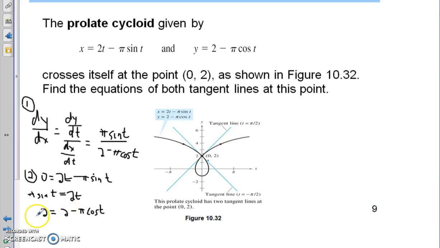And if we subtract 2, we see that 0 is equal to pi cosine t. So really what I'm looking for is when is the cosine function equal to 0. So cosine of t equals 0 when t is equal to, and the obvious one, hopefully obvious, is at pi over 2.